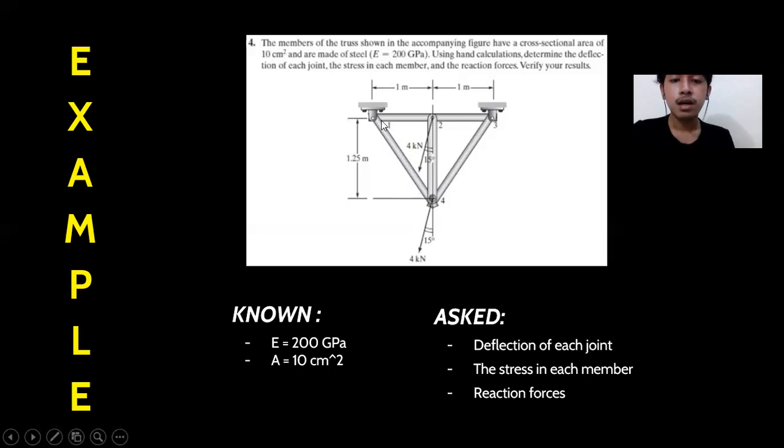So yeah, in this one truss that is also divided, we get to see the length, where each distance equals 1 meter, and then the height is 1.25 meter, and then there is an external force of 4 kilonewtons with the angle of 15 degrees.